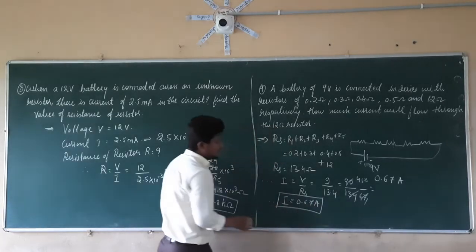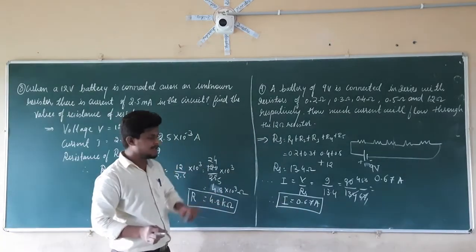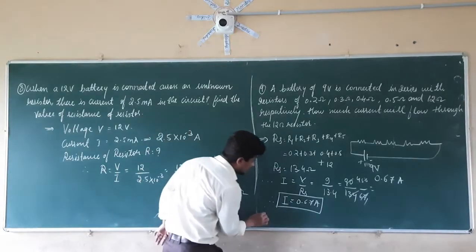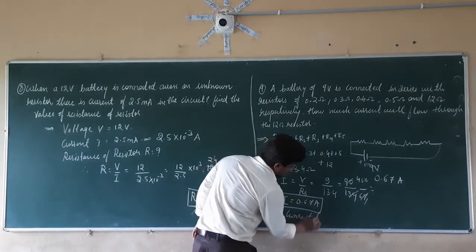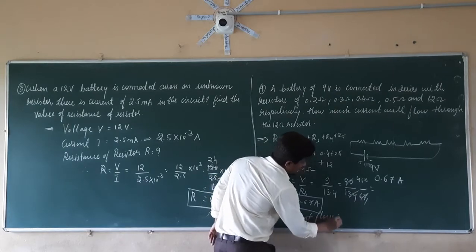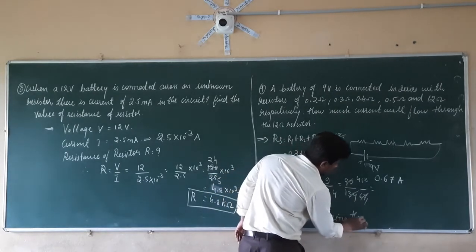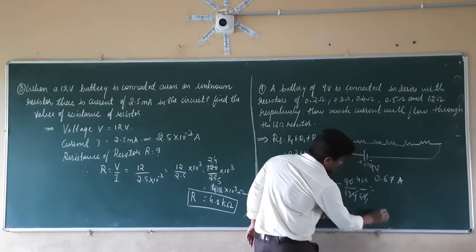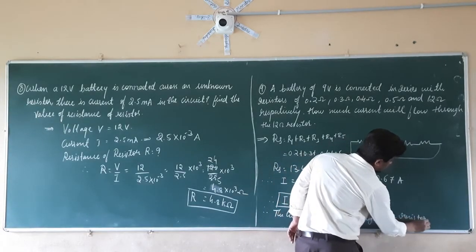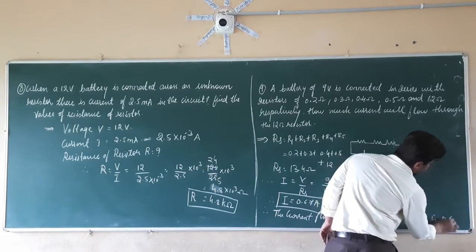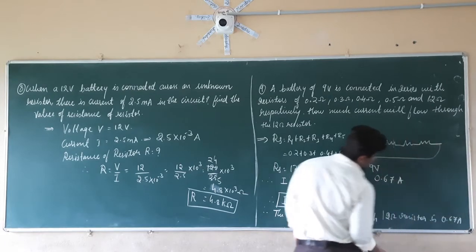So here I is nothing but the total current flowing through that circuit. So the current flowing through the 12 ohm resistor is 0.67 amperes.